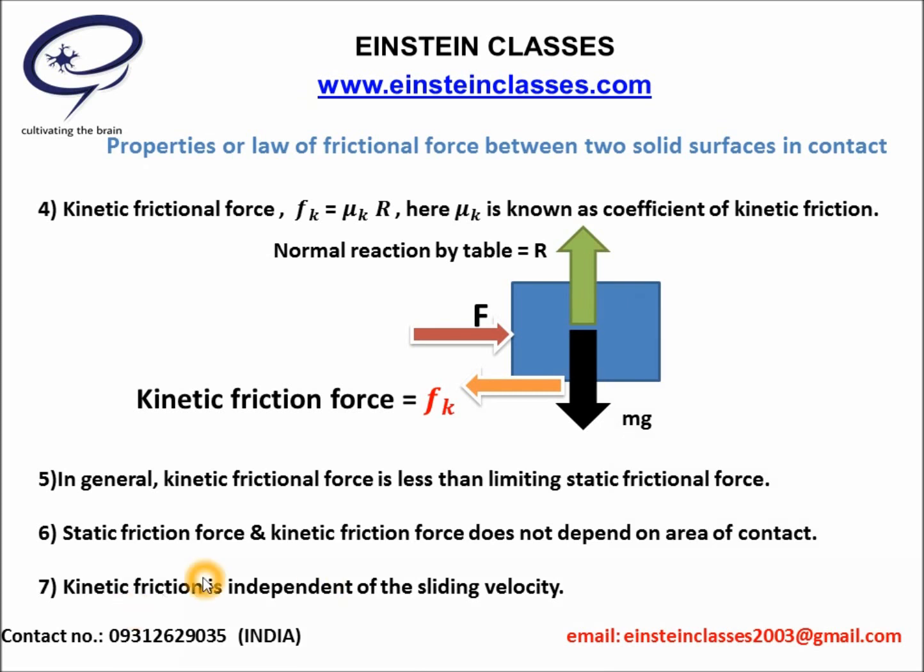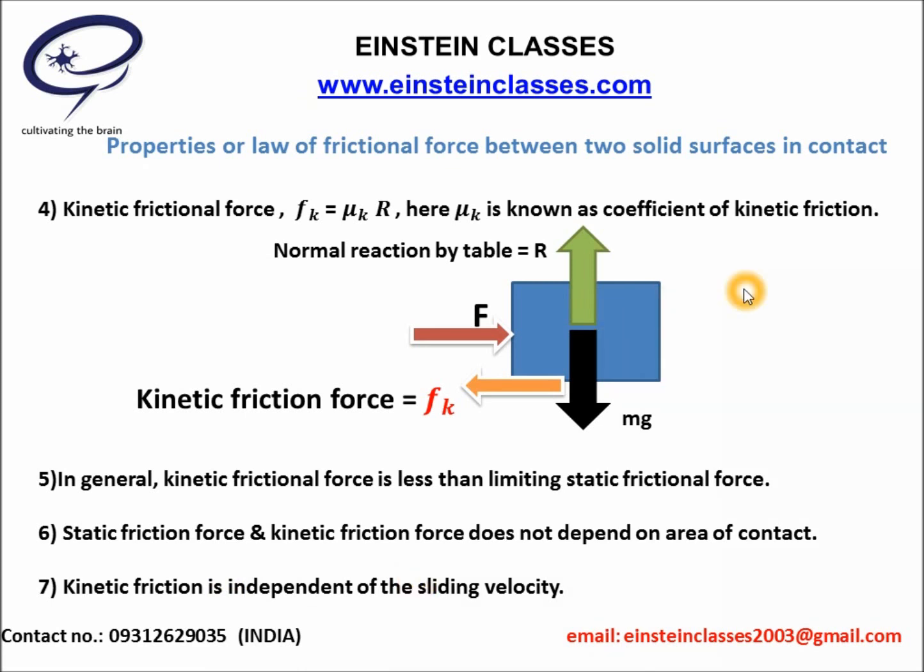That means the kinetic friction force is independent of the sliding velocity. If this block moves with velocity 1 meter per second, or 2 meter per second, or 3 meter per second, the value of kinetic friction exerted on this block by the surface in contact will remain the same. It does not depend upon the velocity of this block, right?